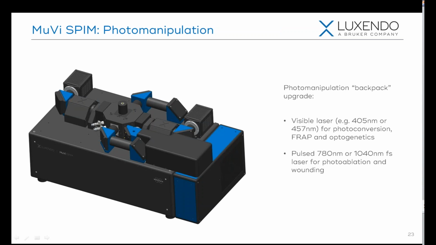So a 405 laser for photoconversion or fluorescence recovery after photobleaching, or a 457 for optogenetics, or various pulsed lasers for performing photoablation and wounding. And this provides a very dynamic and powerful tool for us to study developmental biology and be able to perturb the system in ways that you can't with other light sheets.